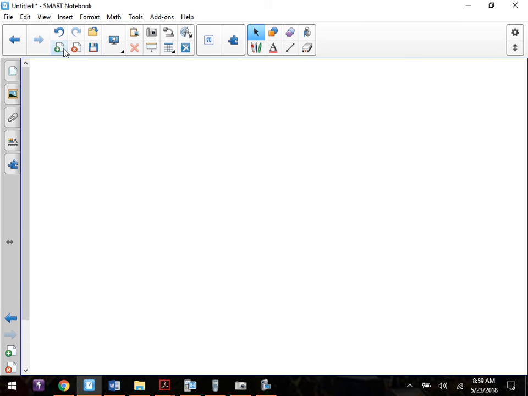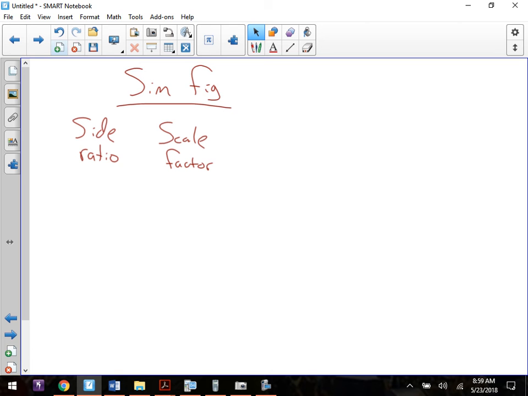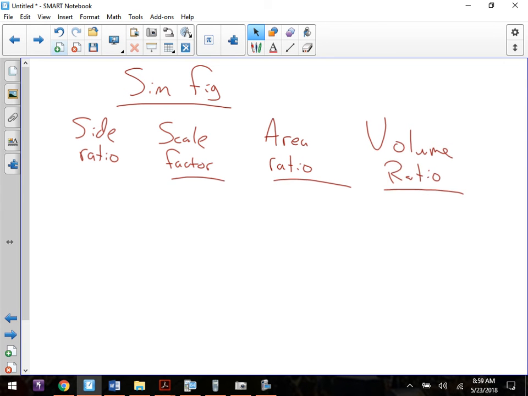So we had similar figures. What you wound up with was a sides ratio, which gave you a scale factor. Then you had an area ratio, and then a volume ratio. And what we did here is that they all follow the same pattern.